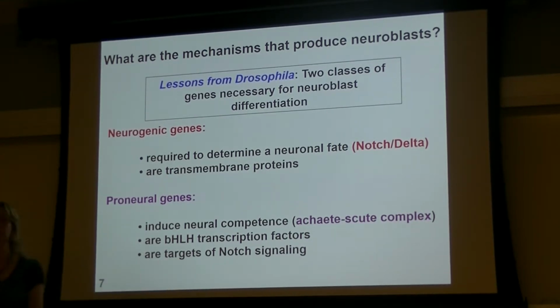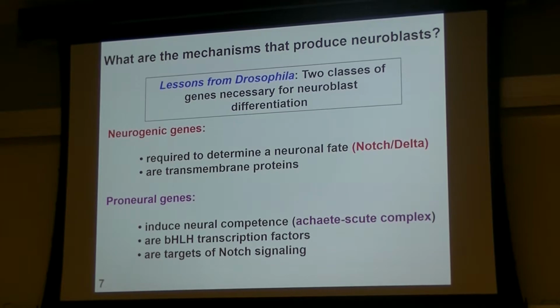So in general, the proneural genes are going to be targets of Notch Delta signaling. So the Notch Delta part happens first, and then as a consequence of that, in the nucleus, that information is passed on down to activating some of these proneural genes. And then they, in turn, take it the next step further to implement the neuron cell fate.